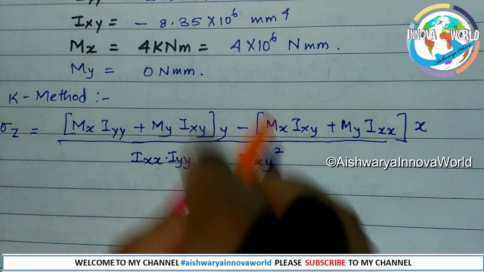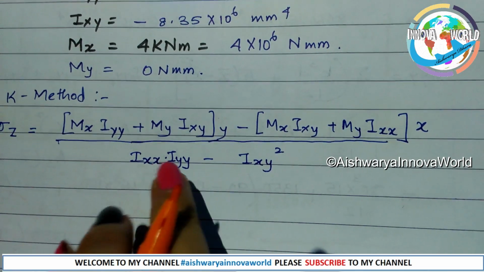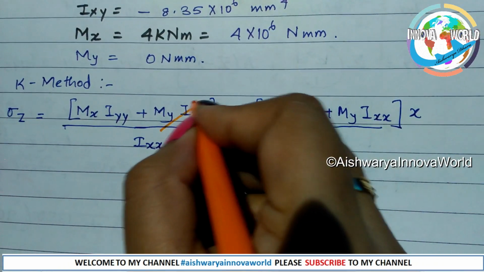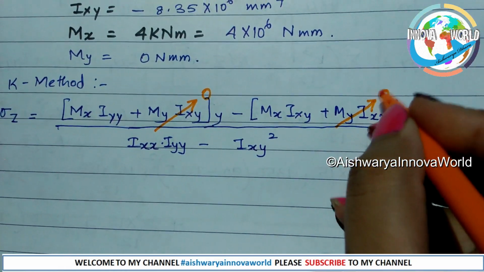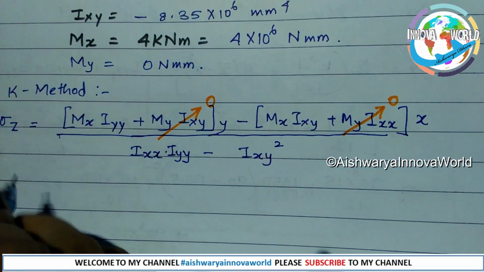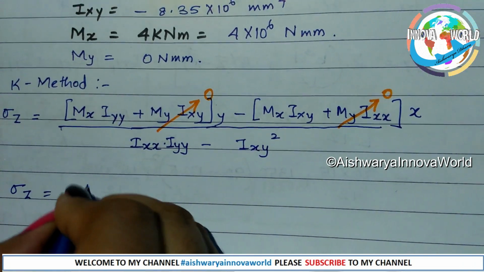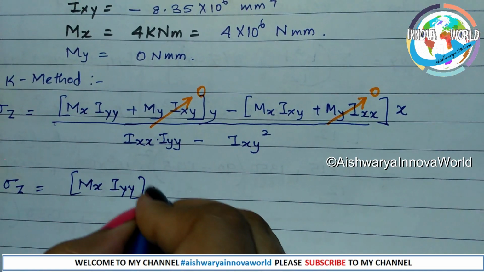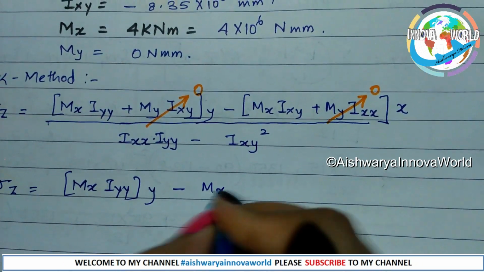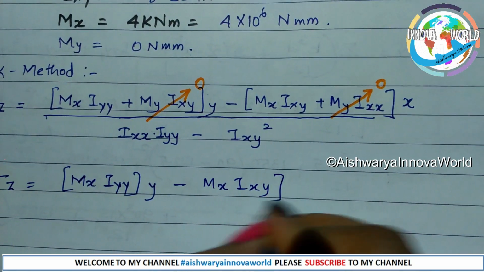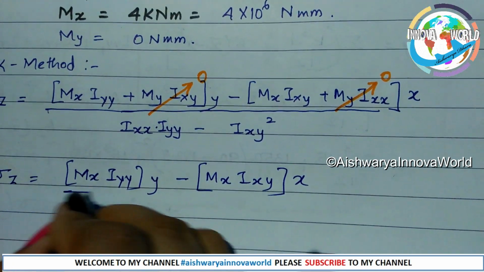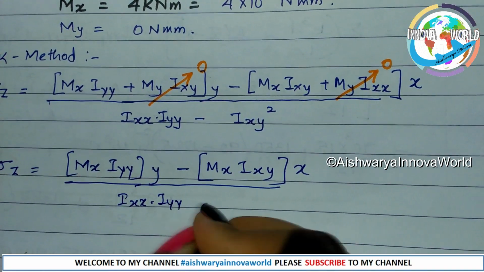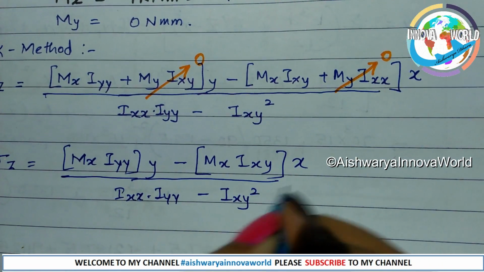As this is the standard formula, we don't have My value, so just ignore My and rewrite the formula again. You get Mx Iyy into y minus Mx Ixy into x by Ixx into Iyy minus Ixy whole square.